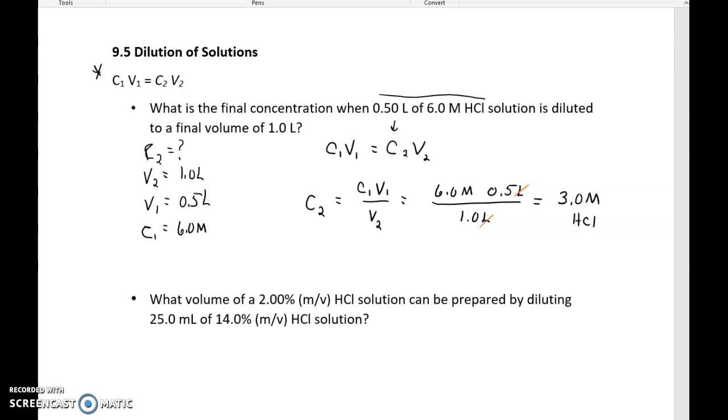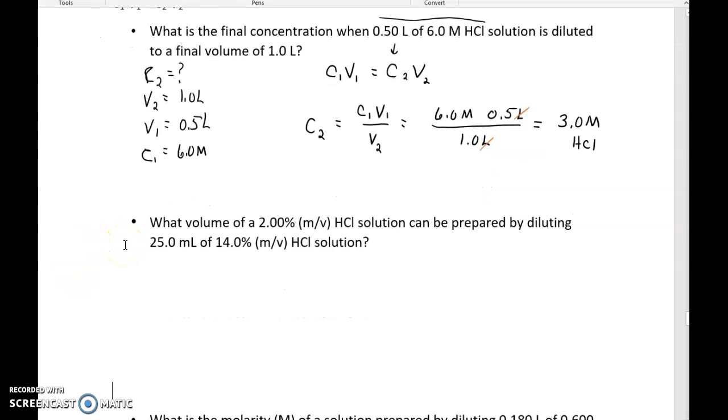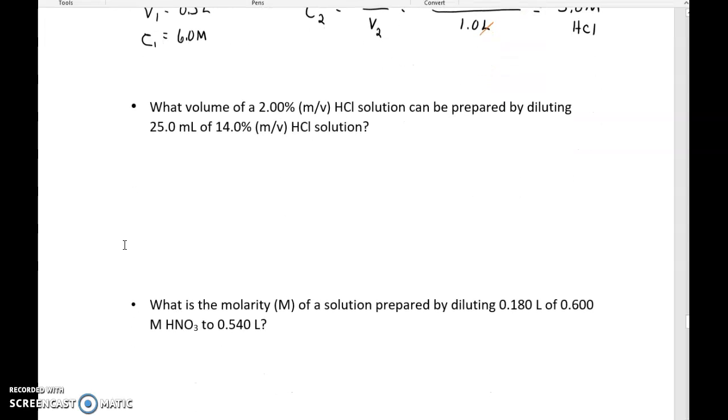Okay. So we can do this using measuring concentration in moles, or we can do it using the concentration measured as a mass volume percent. So what volume? So we don't know the volume.